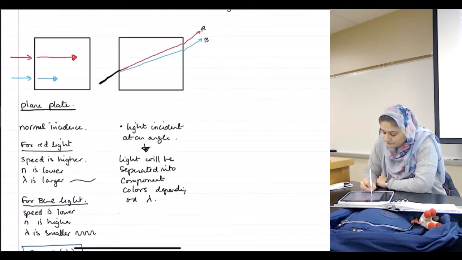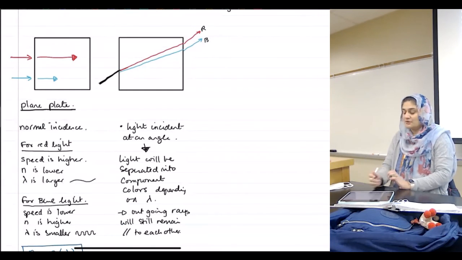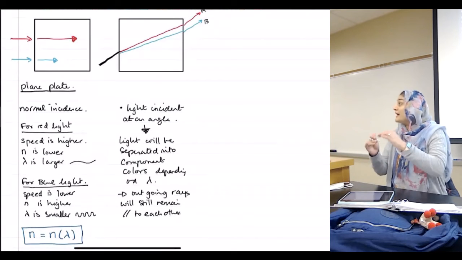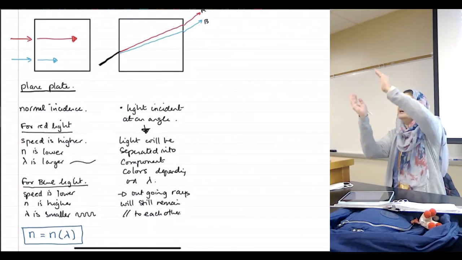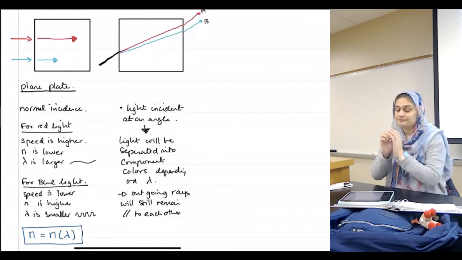However, outgoing rays will still remain parallel to each other. So the effect of refractive index depending on lambda is that the light will be split into its component colors.